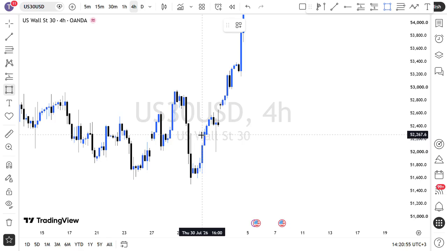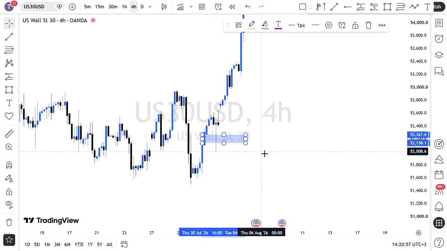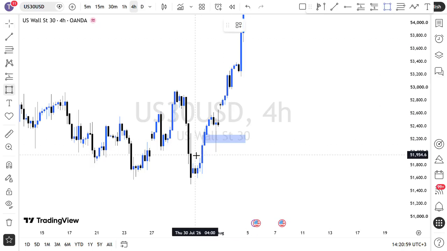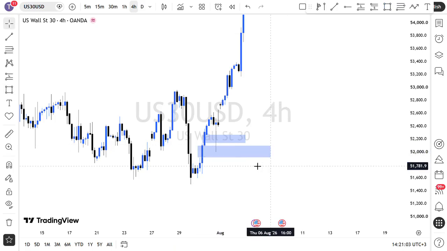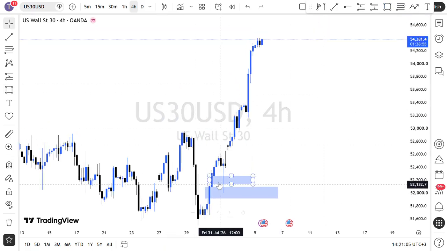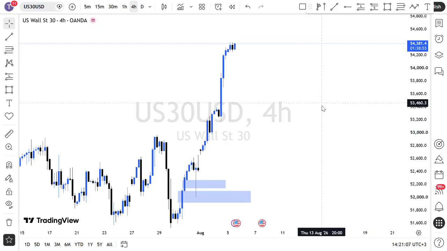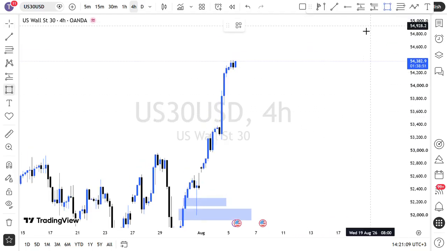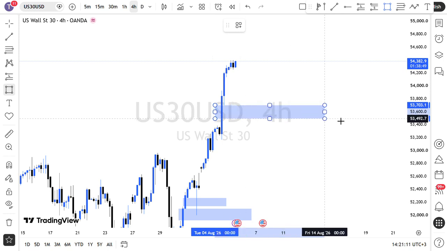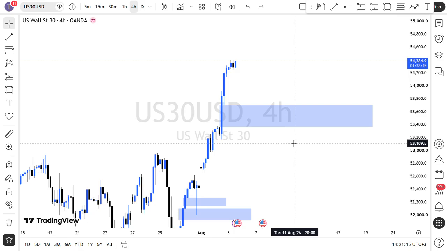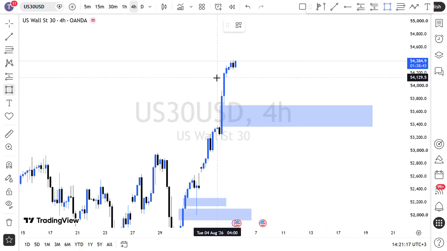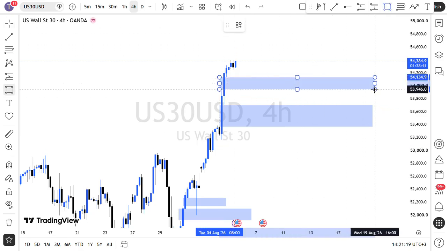Price later came down and filled those fair value gaps before having that aggressive move to the upside. The only fair value gap that I can see here that has not been mitigated is this one. We have that fair value gap, and also this fair value gap up here.